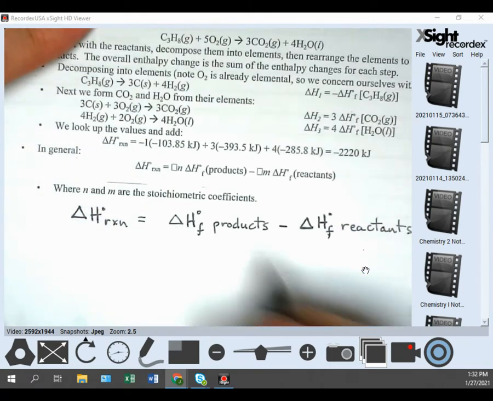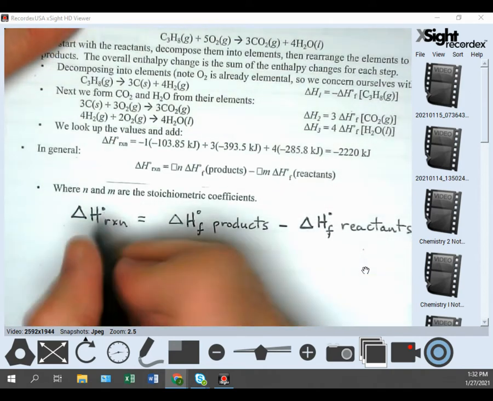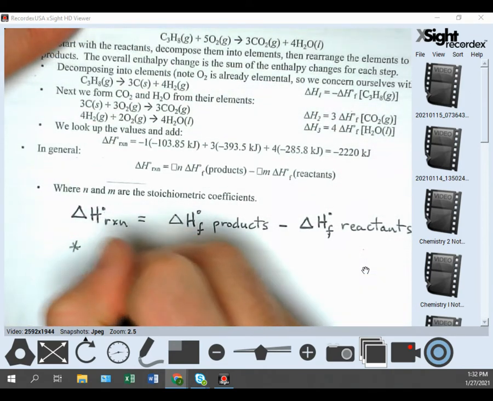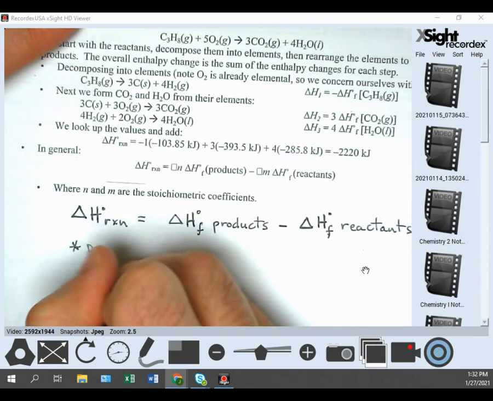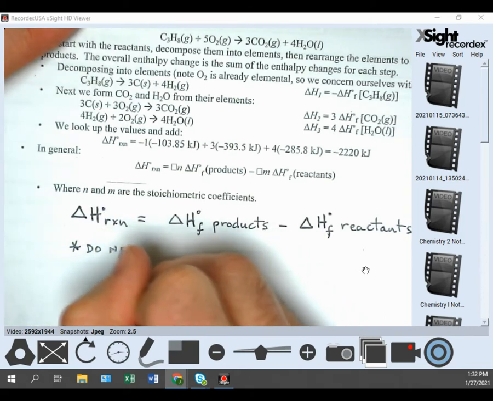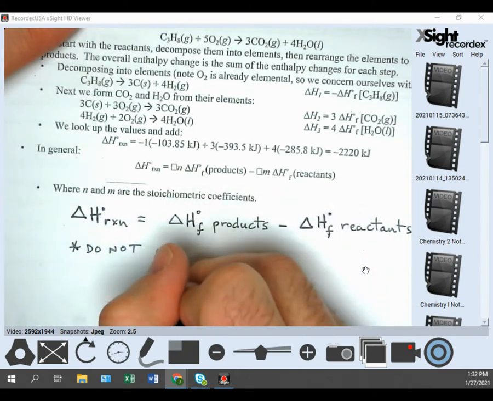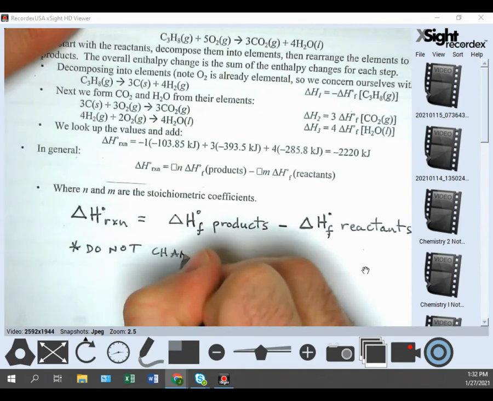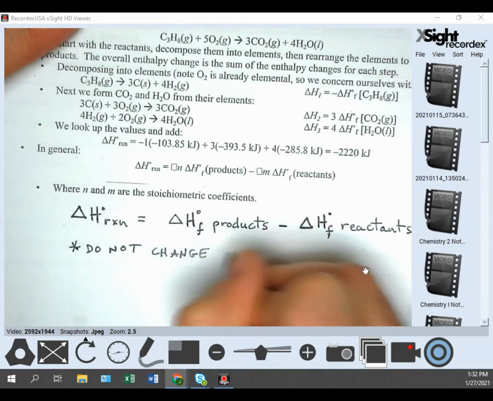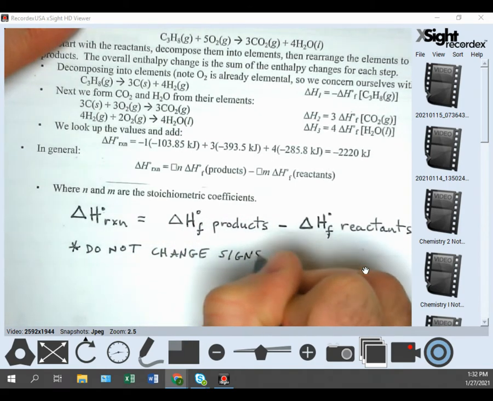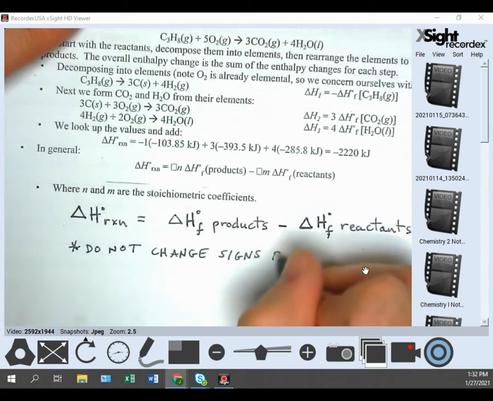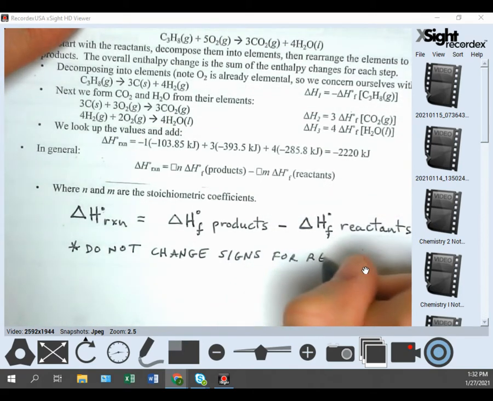Okay? And because of this, you do not change signs for the reactants.